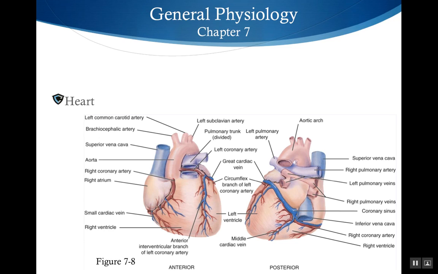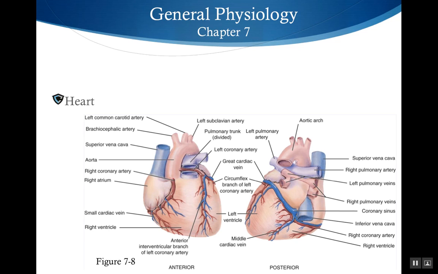Okay, so again, let's talk a little bit about the specific blood flow through the heart. The superior vena cava, as you can see right here, and then there's the inferior vena cava right here. Those take blood, again, it's vena cava, so think of it as being venous.